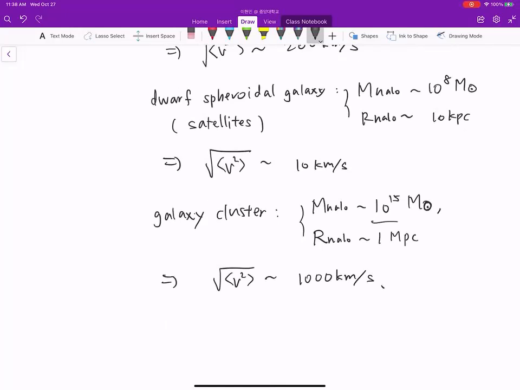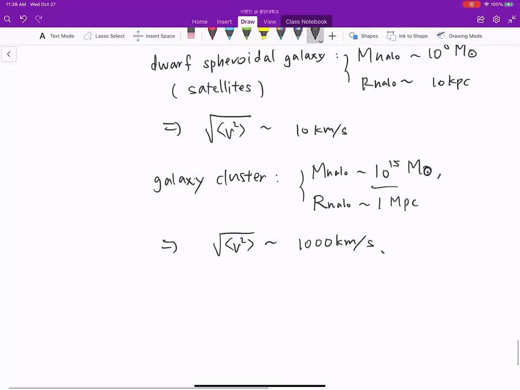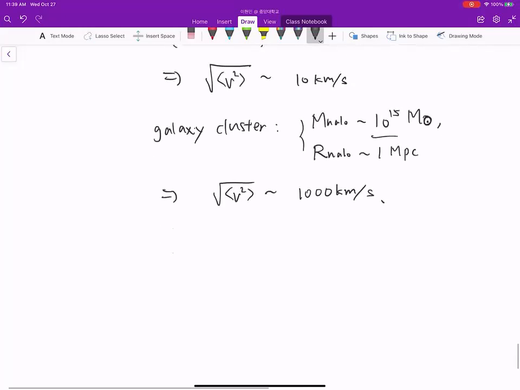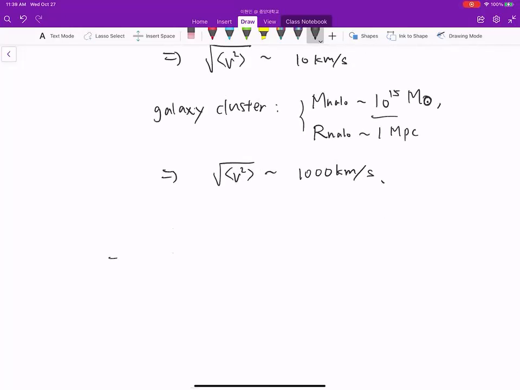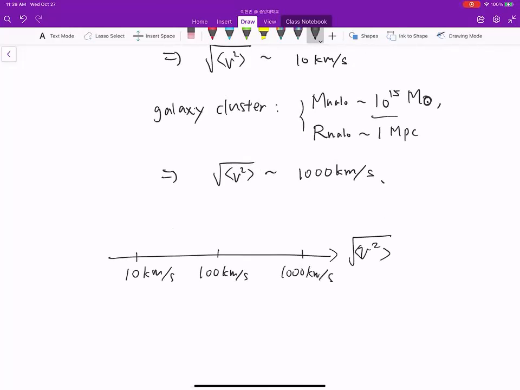So the dark matter velocity changes depending on where the dark matter resides. This is the velocity dispersion: you see 10 kilometers per second, about 100 kilometers per second, and 1,000 kilometers per second.